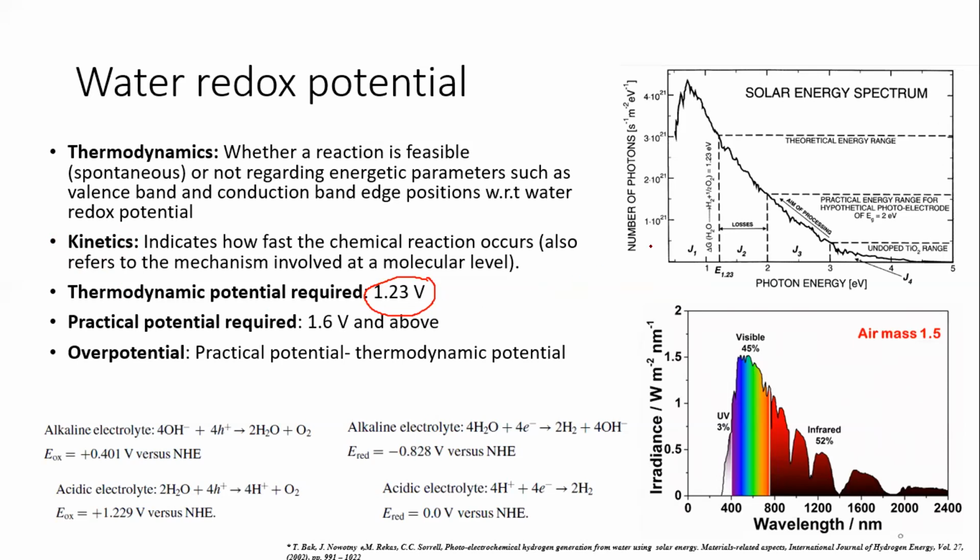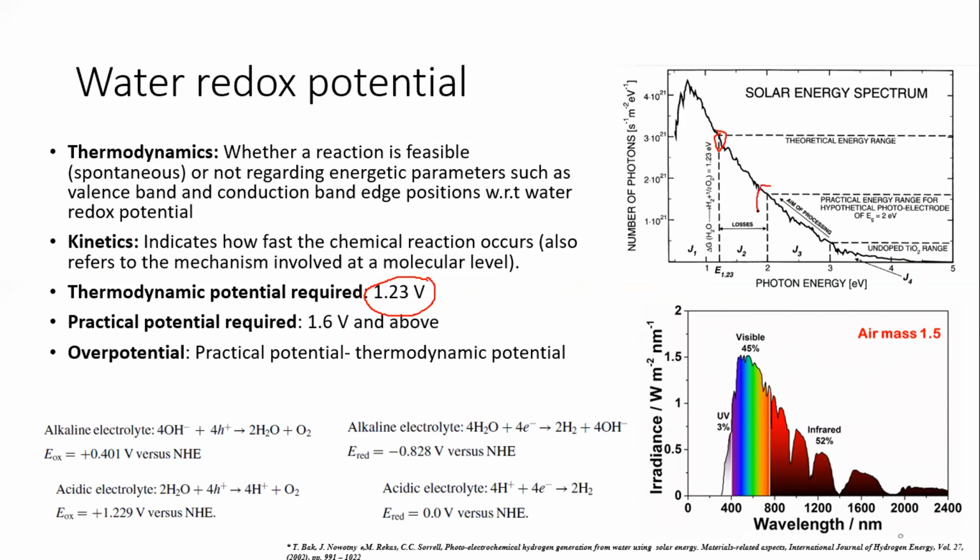So theoretically, if you look at the incoming solar spectrum, we need something close to 1.23 volt, but because of some losses, we need to apply extra potential, or choose a semiconductor with a band gap of about 1.6 to 2 electron volt.